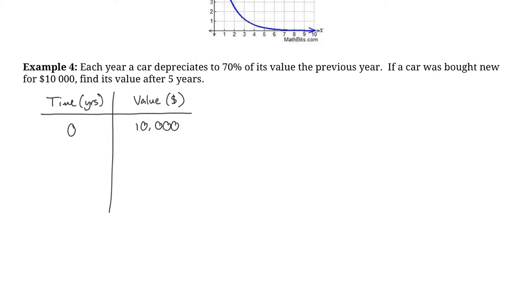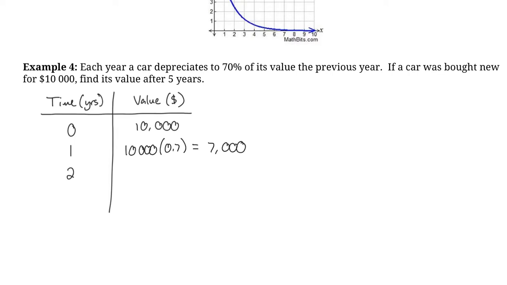That's the original value of the car. And it depreciates to 70% of the previous year. So in year 1, the value of the car will be 70% of this $10,000. So to find that, we would take $10,000 and multiply it by 0.7. That's the 70%. And that's just equal to $7,000.